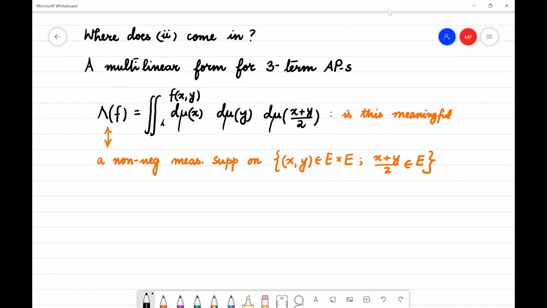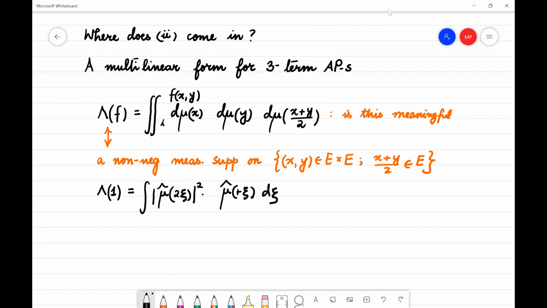One way to make sense of this is to notice, let's just say f is identically 1. If you rewrite everything in terms of the Fourier transform, you will notice that this can be rewritten in this way, and I'll spare you the details.